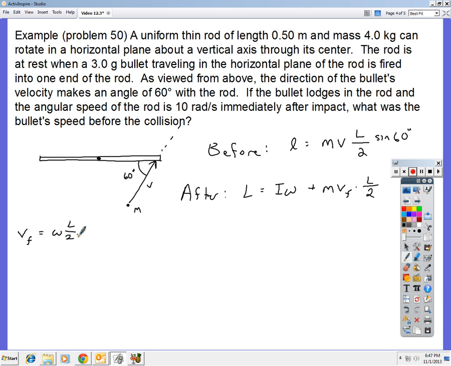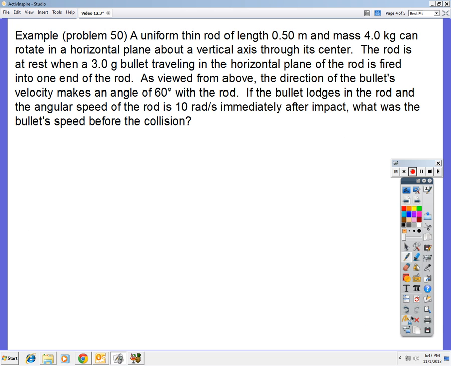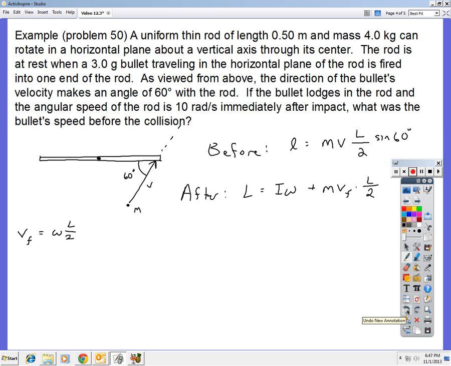We can also say, looking on page 227, that the moment of inertia for a rod rotating about its center is 1/12 mL squared.